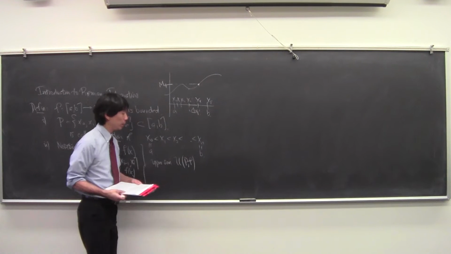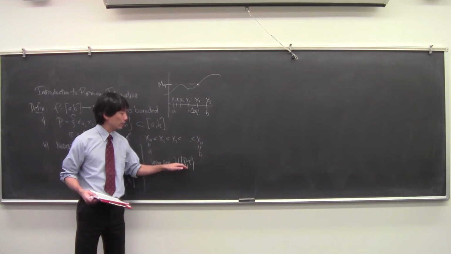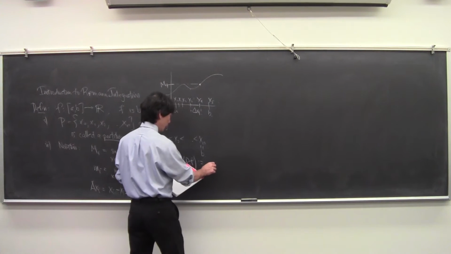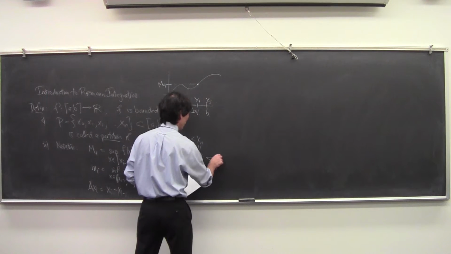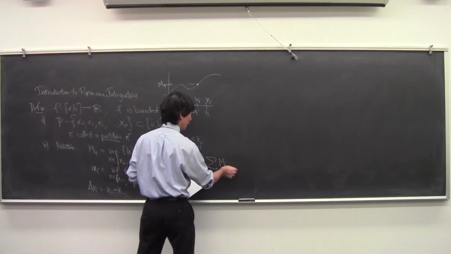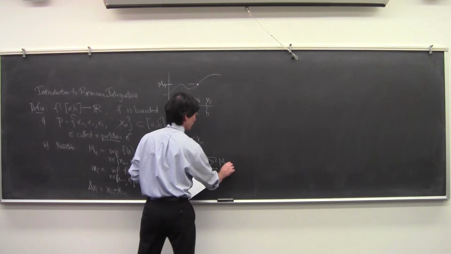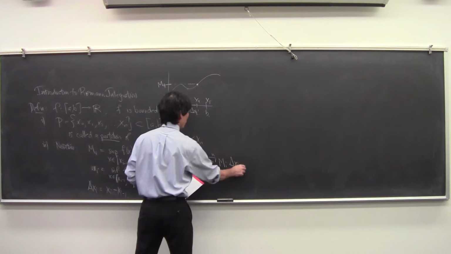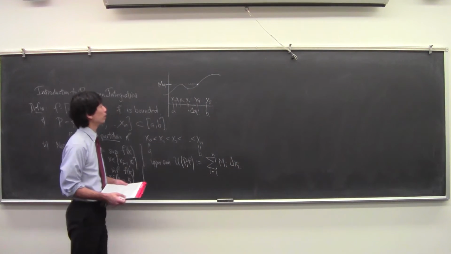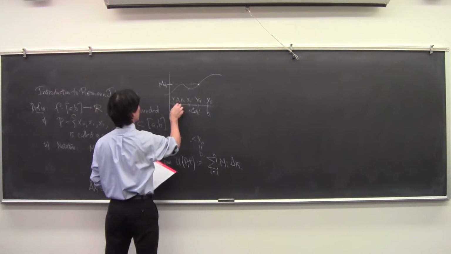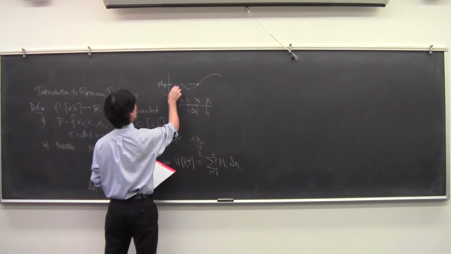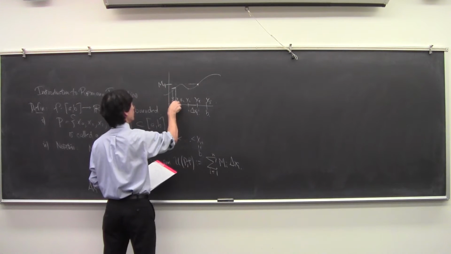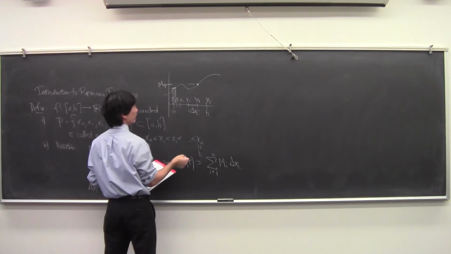Okay. And then we define something called the upper sum U(P, f), so the upper sum of f based on the partition P. That's defined to be the sum of the supremum of the values of f over the ith interval times the width of the ith interval, over all intervals. Pictorially, in each interval, you find the supremum, you take that height, you multiply by the width of the interval, and that gives you the area of a rectangle.